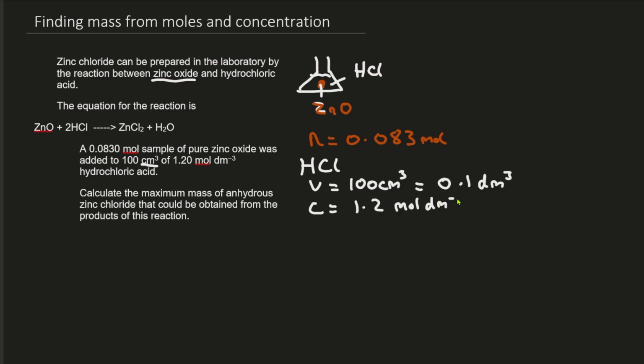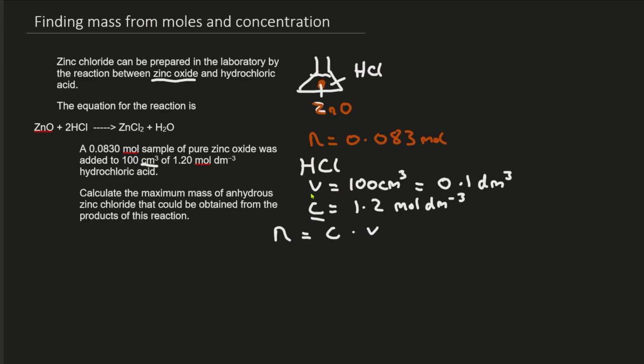Now, some of you would have noticed that the units for concentration are already as needed. So all we need to do is use our concentration moles formula, which is n, number of moles, equals concentration times volume.